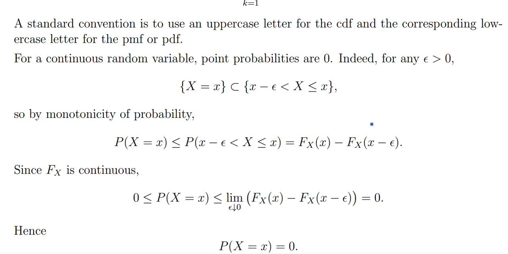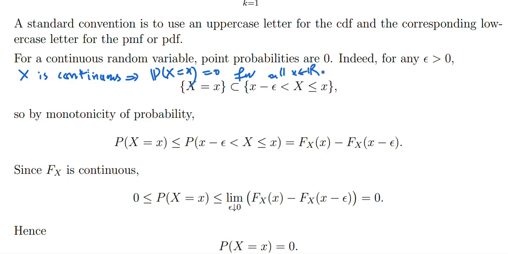So if X is continuous, then the probability of X equals x is zero for all x in R. It's not hard to prove this, but we need to show how.